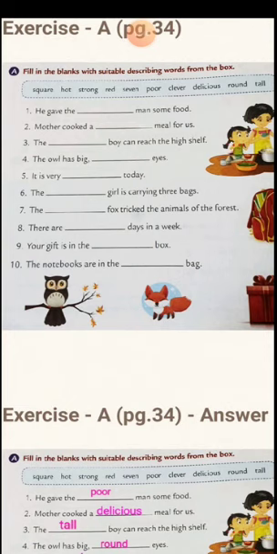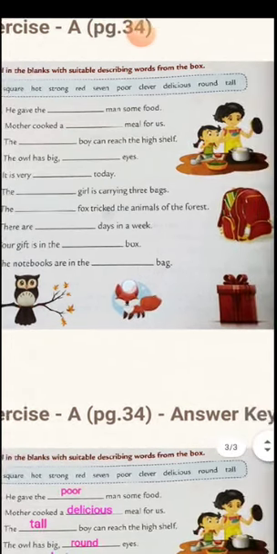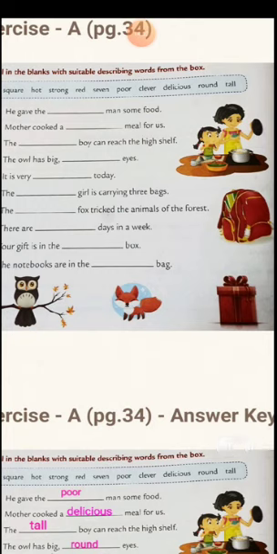Number 9, your gift is in the dash box. So here there are 2 options left now, red or square. Now tell me, can we say red box here? Because if we say red box here, then only one option left, that is square bag. Is the bag square? No, it is red. We are describing the color of the bag as red and the box shape is square.